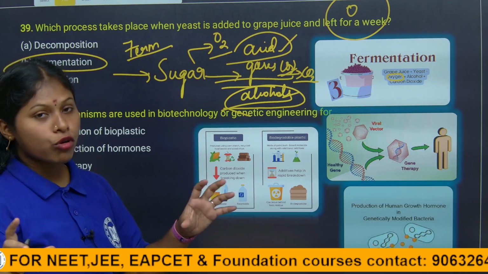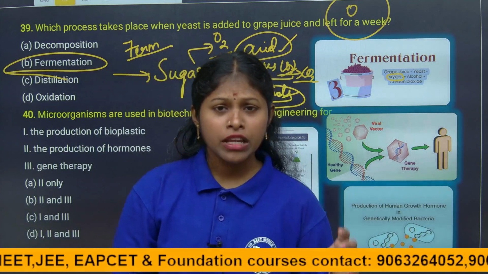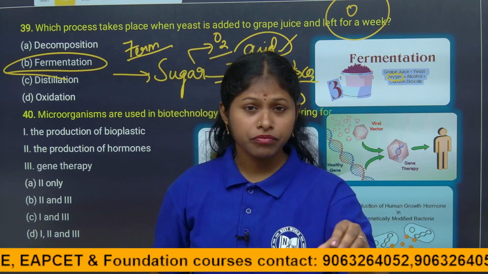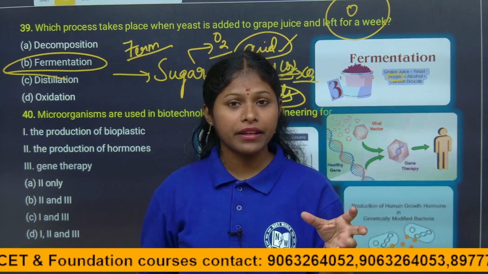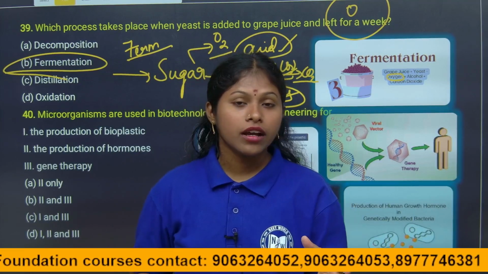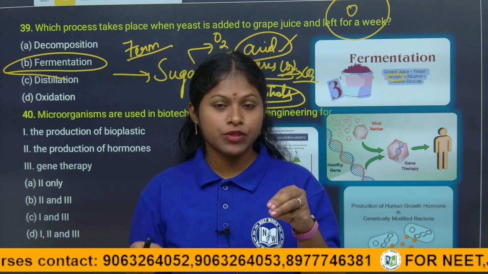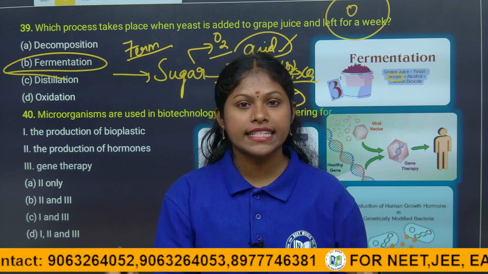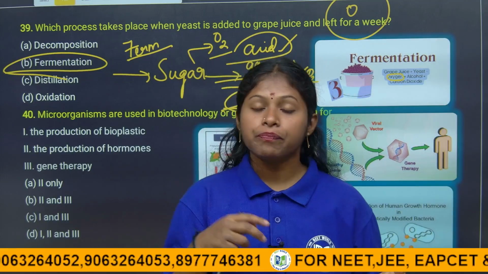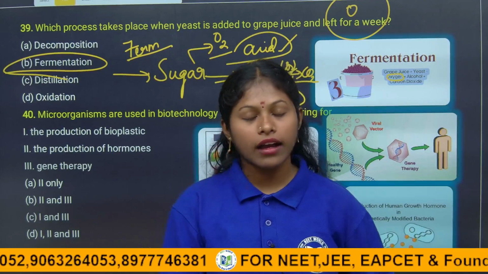So in the baking process also it is the same situation, children. When the yeast is added to the bread dough, what will happen? By adding it to the bread dough, children, the dough will rise because the fermentation process is happening. The yeast converts the sugar into gases, and ethanol is also produced.